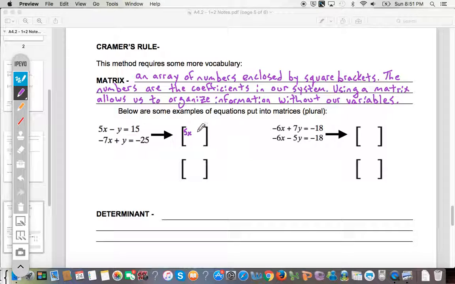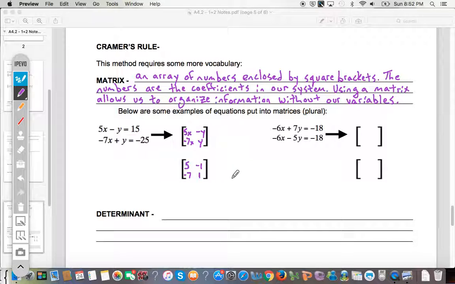And down in the second equation, I have negative 7x and positive y. Okay, so now I just need the coefficients of these terms right here. So I'll have 5 up here, negative 1 up here, negative 7 down here, and 1 down here.